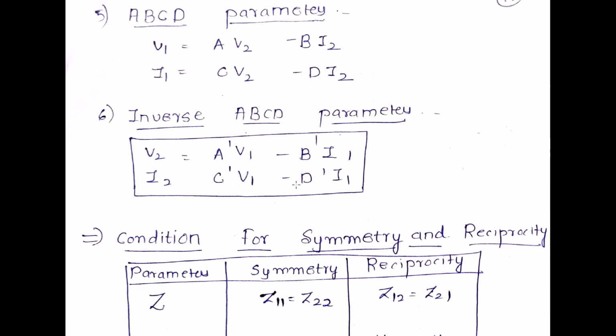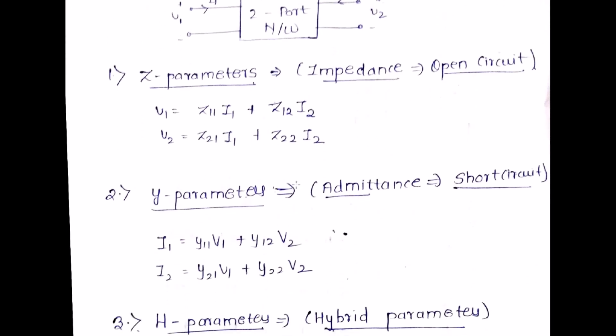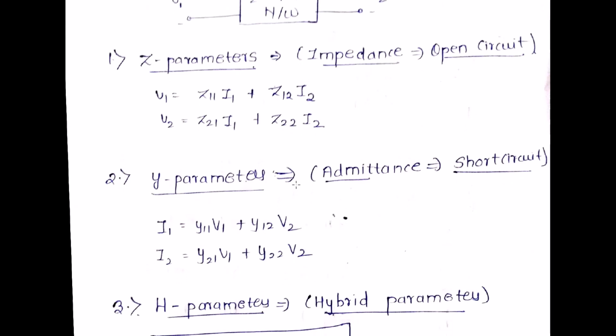So you need to know these parameters very, very well. You have to make a note of these equations. Please note it down. These notes are also there in the description box of this video. You can download them from there. You have to remember these equations very well. Once you have understood these equations very well, it will be easy for you to apply them in the numericals.